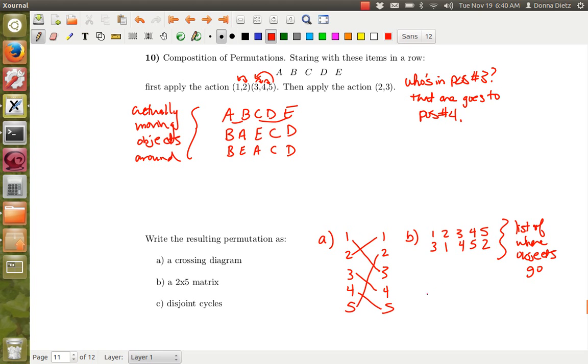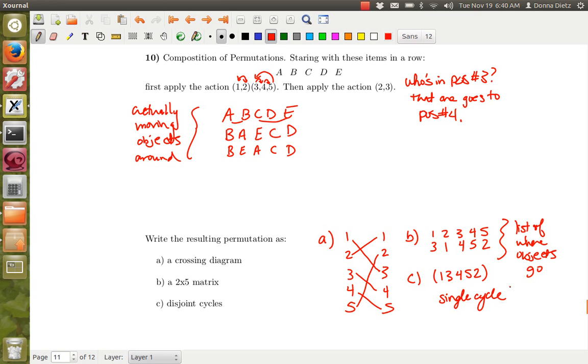Part C is also a list of where objects go, and that's done in cycle notation: 1 goes to 3, goes to 4, goes to 5, goes to 2. This one is actually a single cycle.